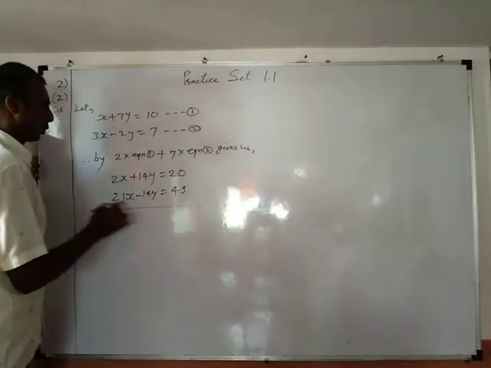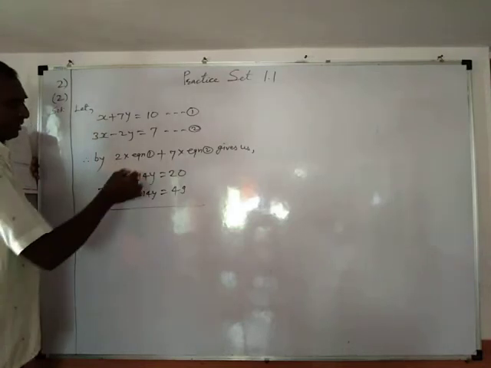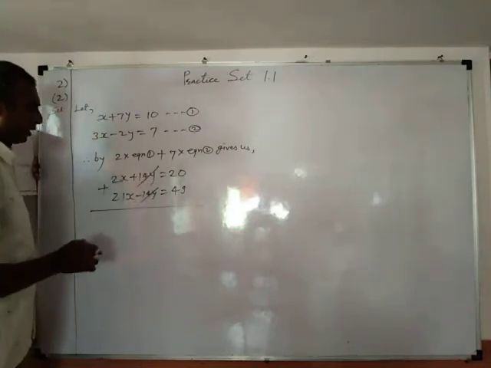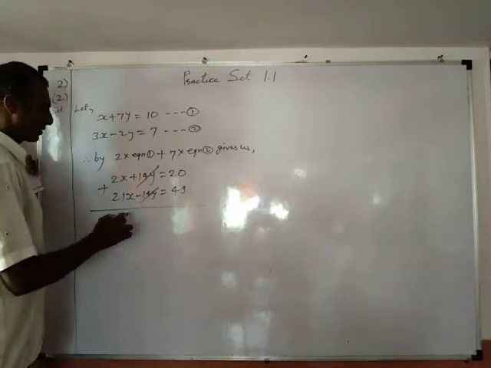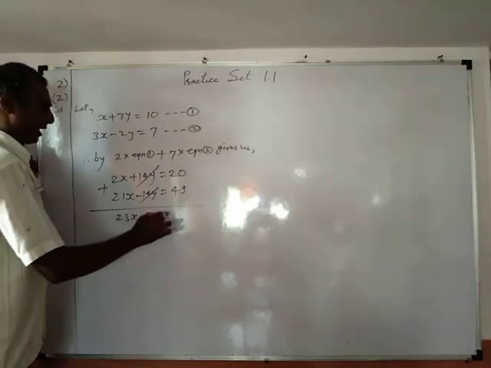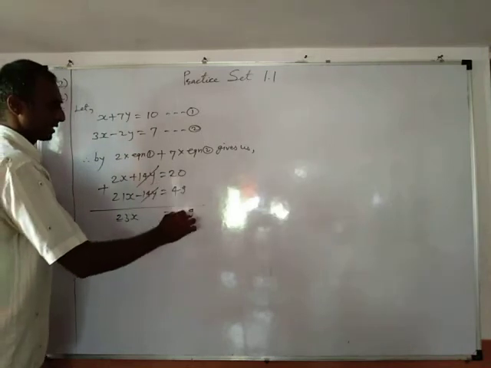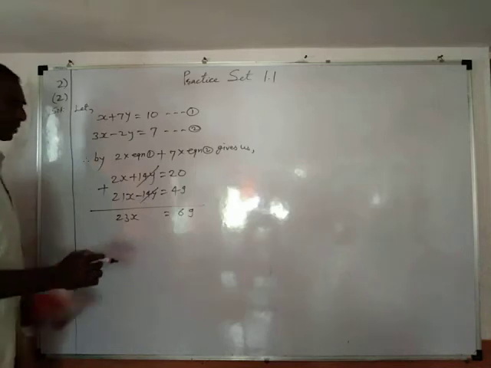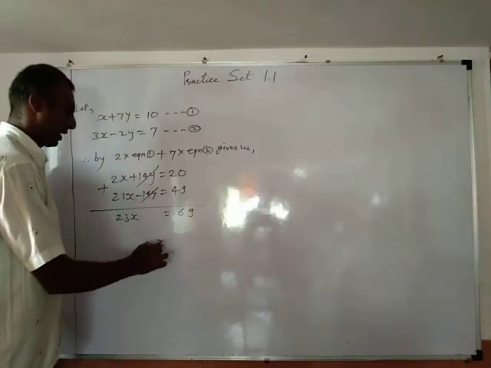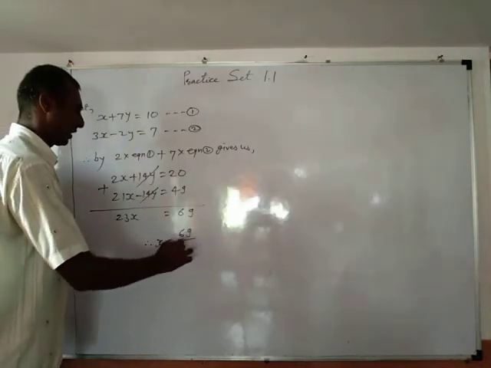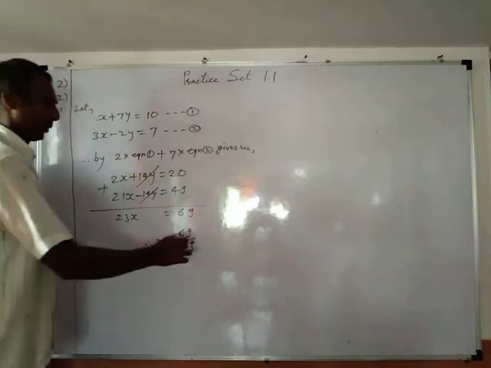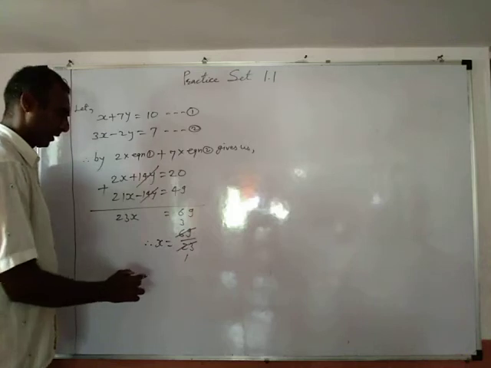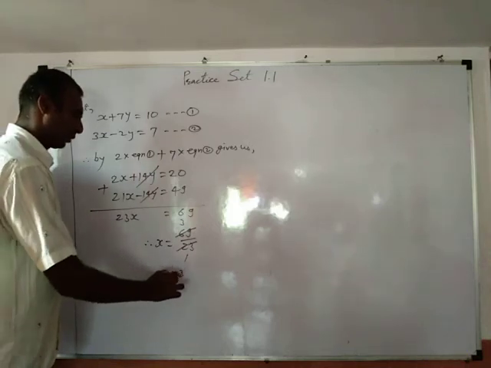We have decided to add these two equations. Now by addition, 14y minus 14y will cancel each other. 2x plus 21x gives us 23x, and on the right side 20 plus 49 is 69, means 23x equals 69, and therefore x equals 69 upon 23. 23 ones are 23, 23 3s are 69, and therefore x equals 3.